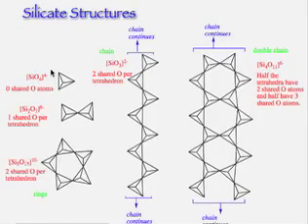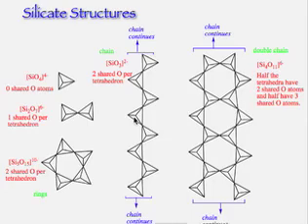Okay, so here we see a summary of the silicate structures, starting from the neosilicate that doesn't share any oxygen atoms to the sorosilicate or the bow tie that shares 1. Rings and chains have the same basic empirical formula, SiO3 2-.